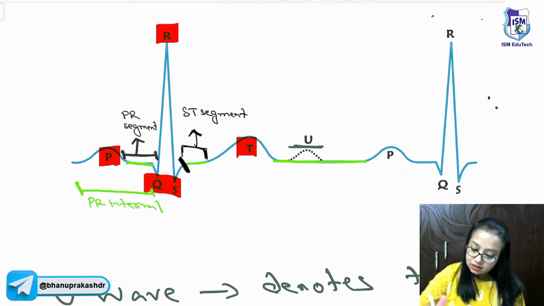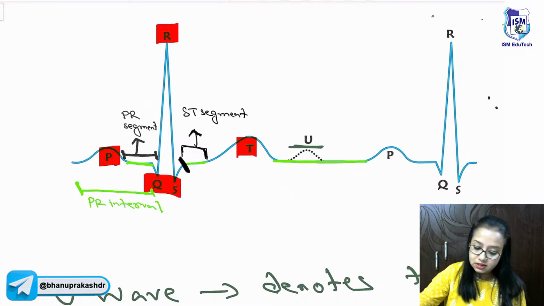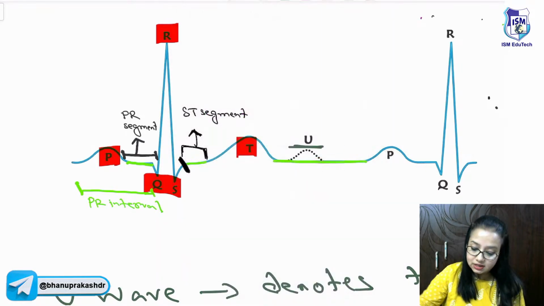Okay. Then the next important interval that we have is the TP interval. This is of huge clinical implication. This is after the T wave has gotten over and before the beginning of the next contraction of the atrium.